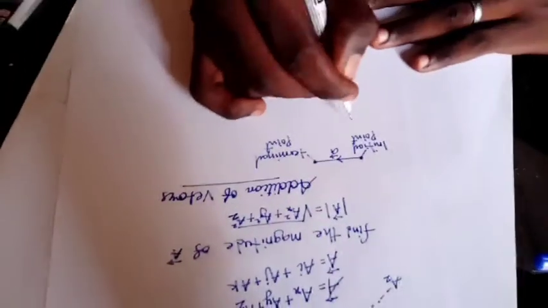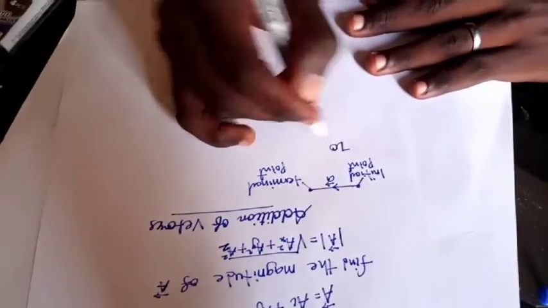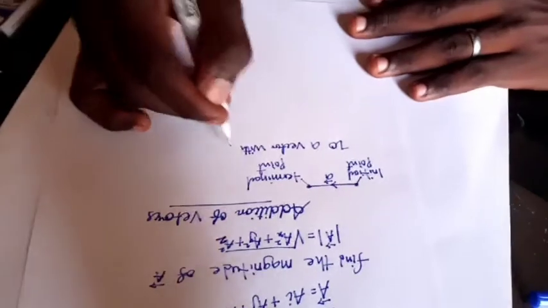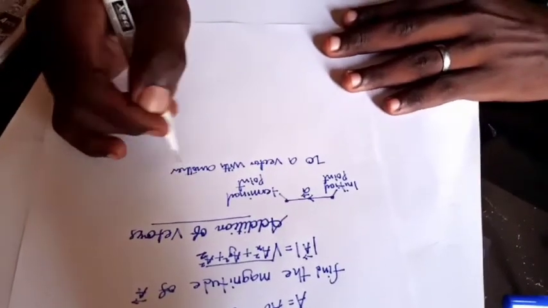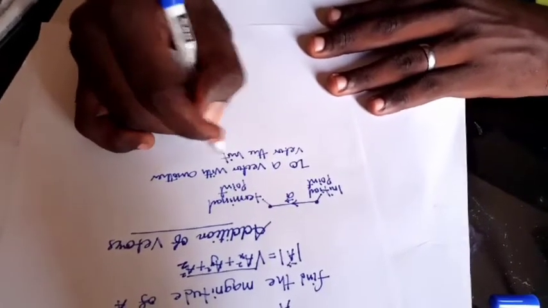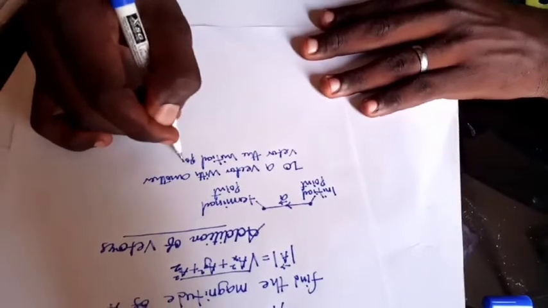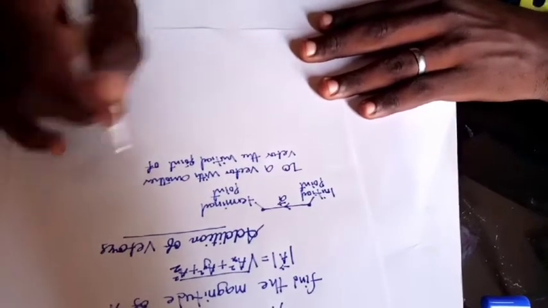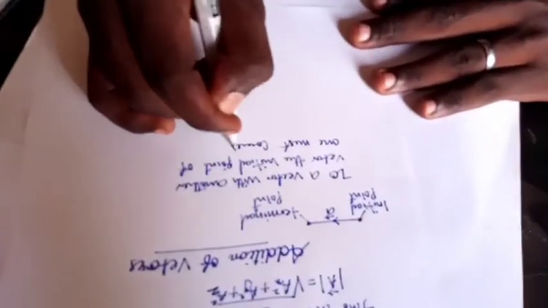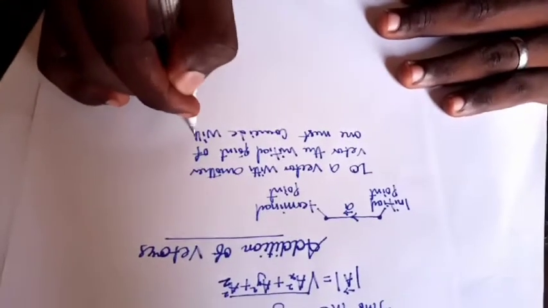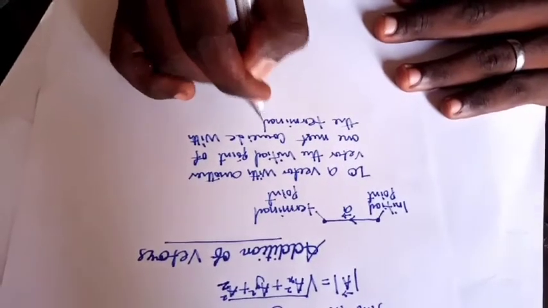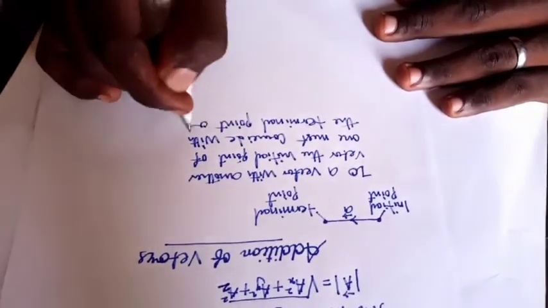For a vector to add with another vector, the initial point of one must coincide with the terminal point of the other.